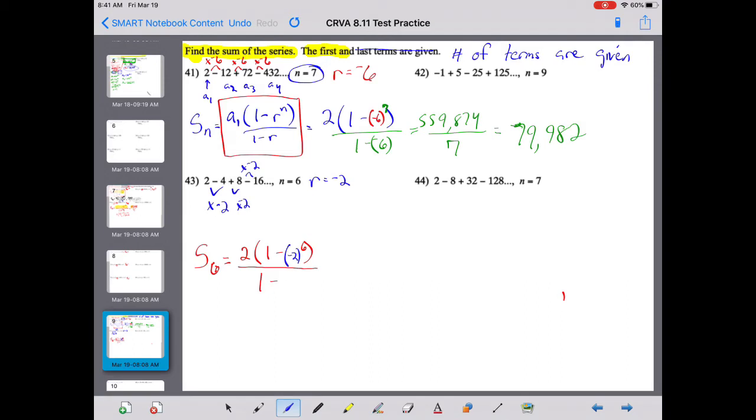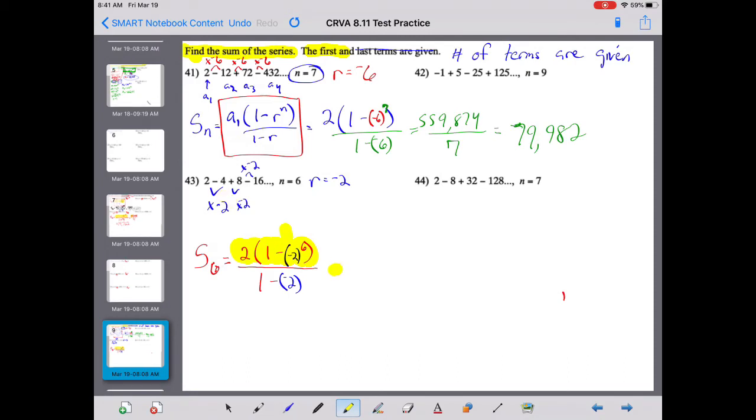Make sure you put that in parentheses. And then just grab our calculator, do the top, and then divide that by 1 minus negative 2, which is also just 3. On top, I got negative 126.